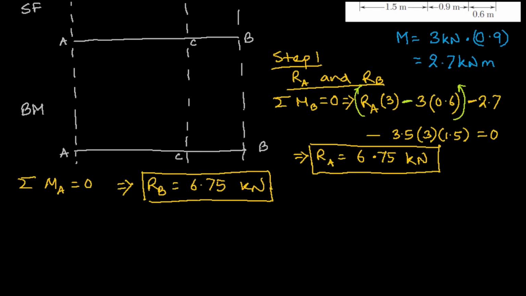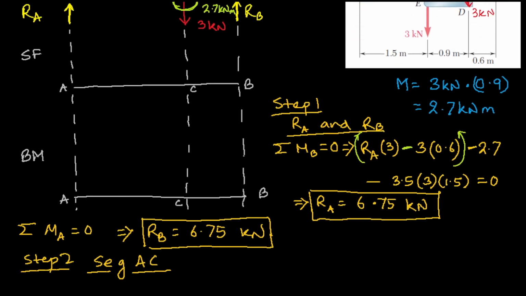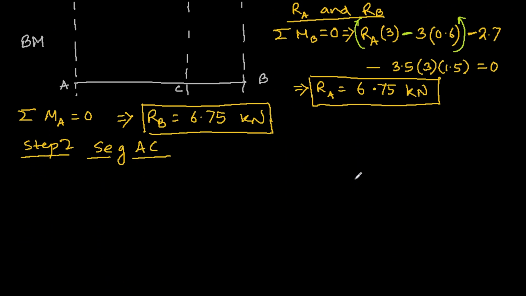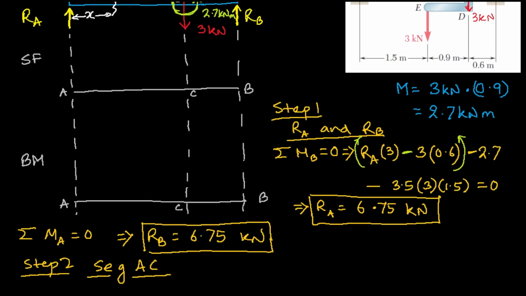Okay, then going to step 2, that's for segment AC. Now what should we do to draw the shear force and bending moment diagram for AC? As usual, we draw the free body diagram. We come to any arbitrary section at a distance x from this end, and cut the beam from there.